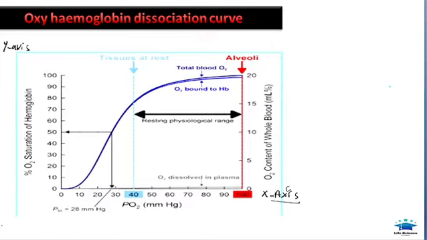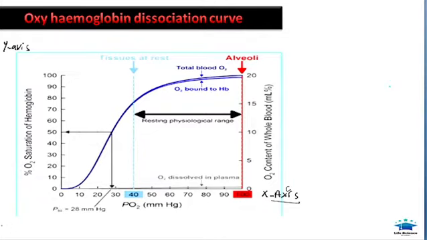On the y-axis we have put the percent saturation of hemoglobin with oxygen, and on the x-axis we have plotted the pressure of oxygen in mmHg. So percent saturation of hemoglobin as a function of pressure of oxygen.